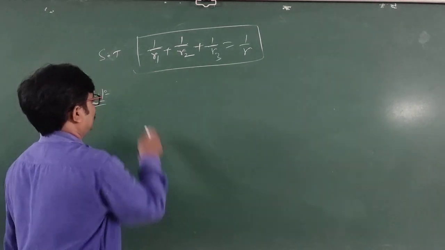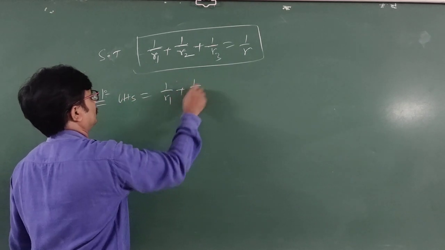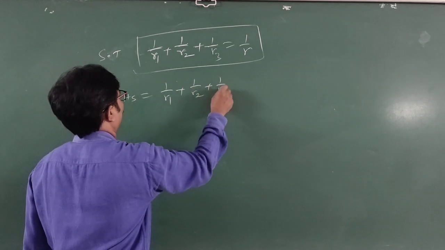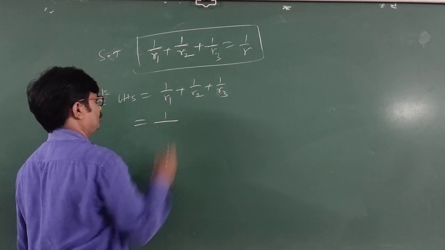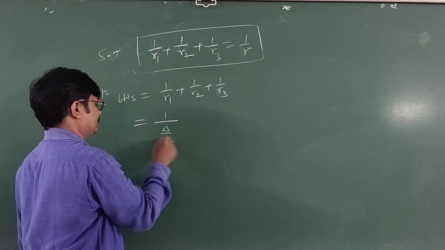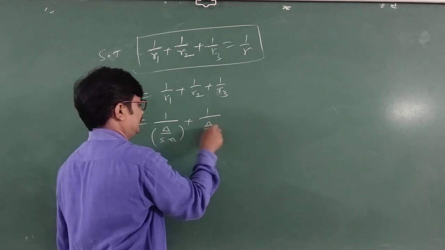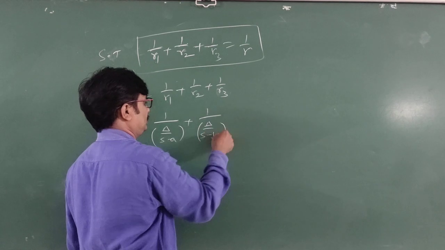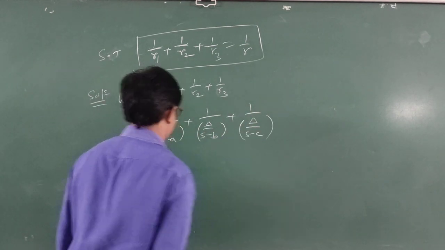The left hand side is 1/r1 + 1/r2 + 1/r3. Just now we proved that r1 = Δ/(s−a), r2 = Δ/(s−b), r3 = Δ/(s−c).